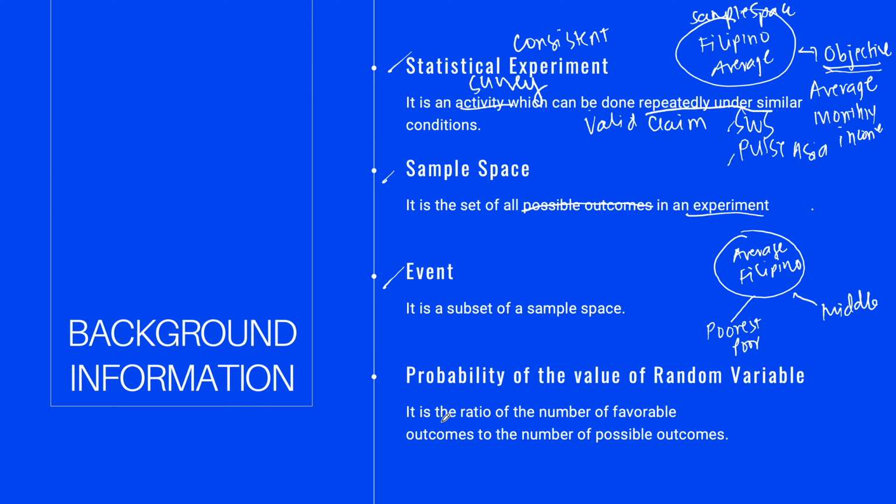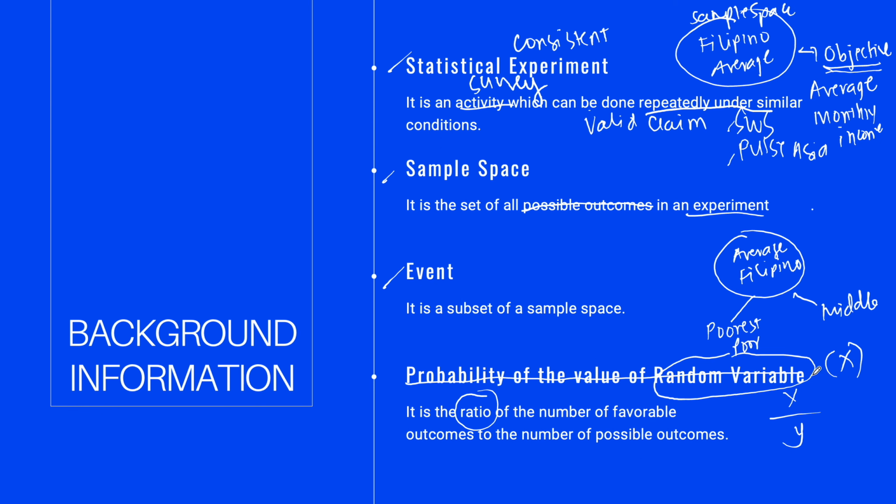So, next definition, the probability of the value of random variable is the ratio of number of favorable outcomes to the number of possible outcomes. Makikita natin siya sa mga examples natin later on. Usually, ang ratio is division, di ba? So, you have your x over y there. That is your probability of the value of random variable, and your random variable is usually denoted by the variable x.